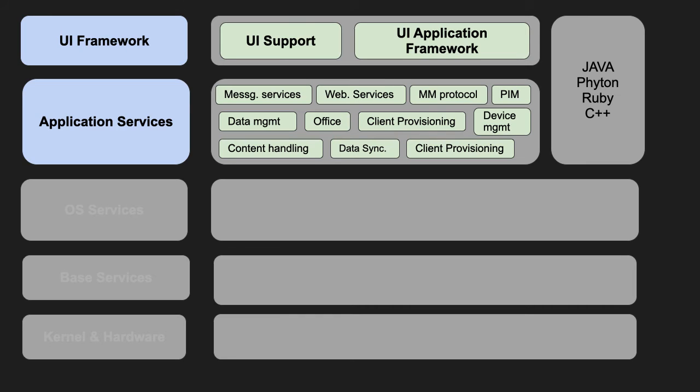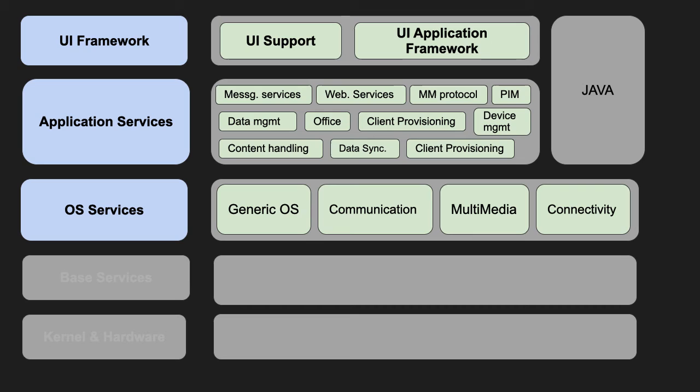And now we go into the third layer, the OS services layer. The OS services layer is in effect the middleware layer of Symbian OS, providing the communication between application and telco standards.